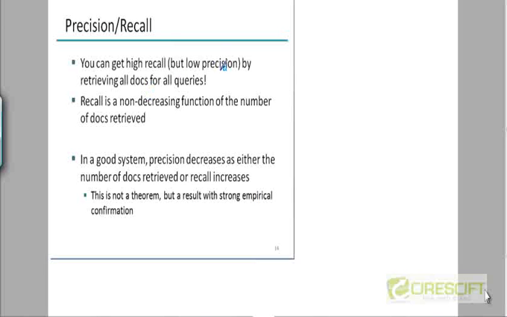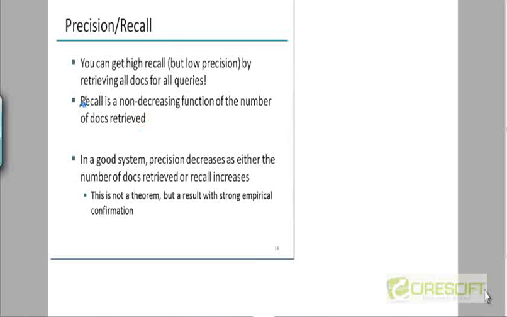But the problem then is that the precision will be low. And if you want very high precision, then you may end up ignoring documents that are relevant simply because they didn't score that high. So there's usually a trade-off between precision and recall.